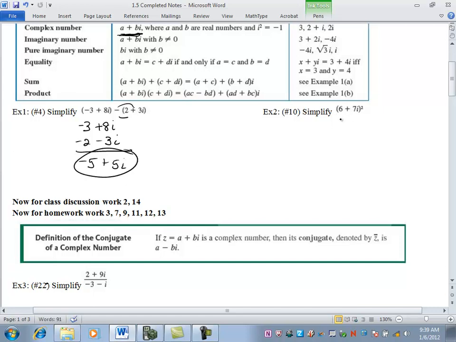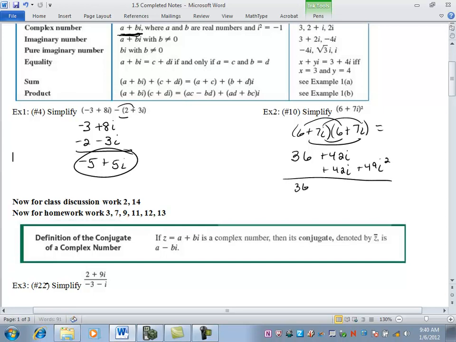Our second example has us square out this binomial. Remember, this is 6 plus 7i times 6 plus 7i. We multiply here, 6 times 6 is 36, plus 42i, plus 42i, plus 49i squared. So we have 36 plus 84i plus 49 times -1.